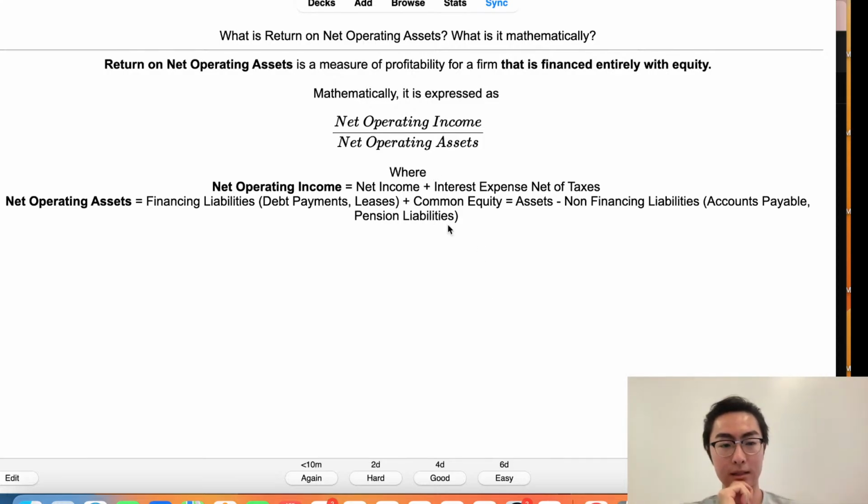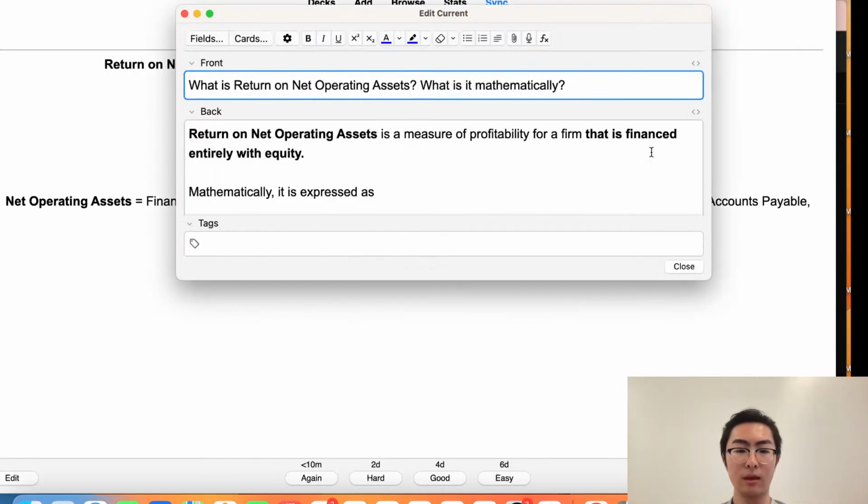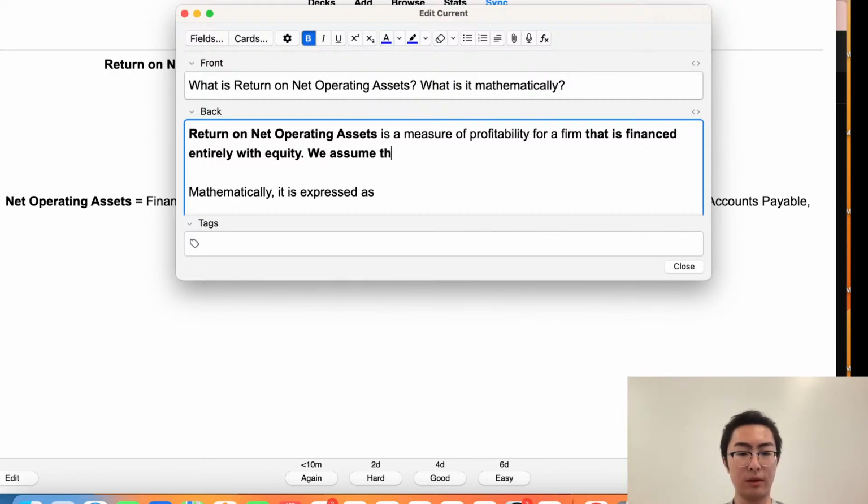Interest expense net of taxes, financing liabilities plus common equity. Yeah, the one thing I still don't fully understand is why we add all of this. I guess we assume that the financing liabilities are also equity. We assume that all financing liabilities make up equity.